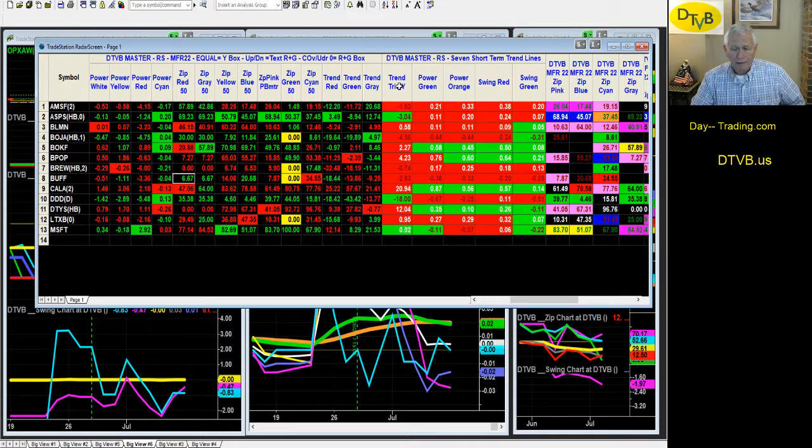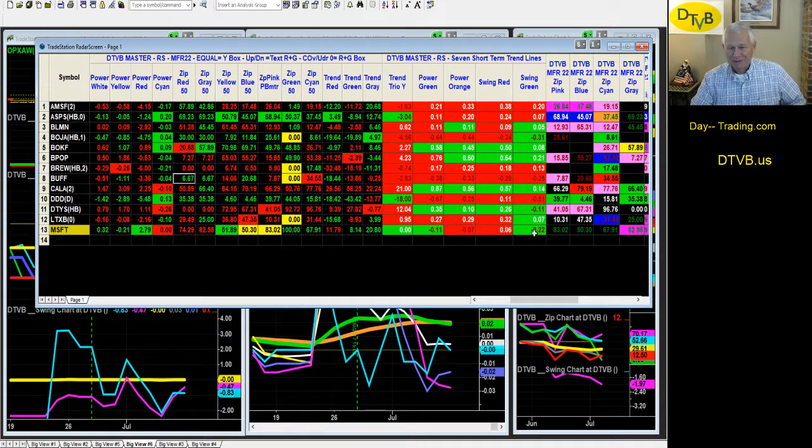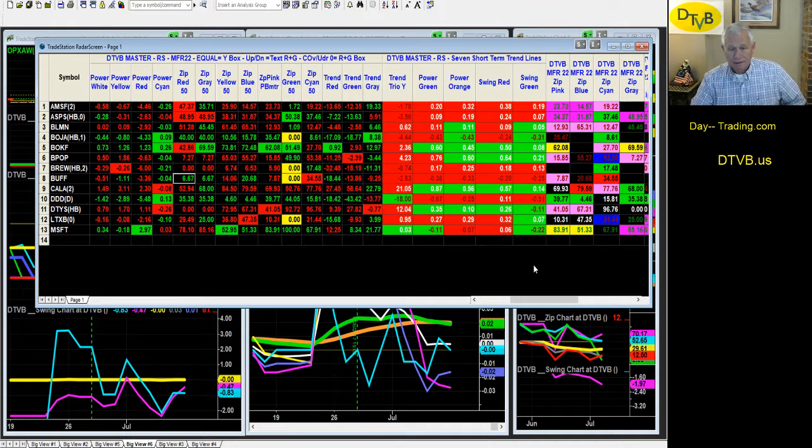The trio lines, the yellow, pink, blue, all are above 0, or they are all under 0. They're all going up at the same time, or they're all going down at the same time. So just by identifying one, you've identified them all.